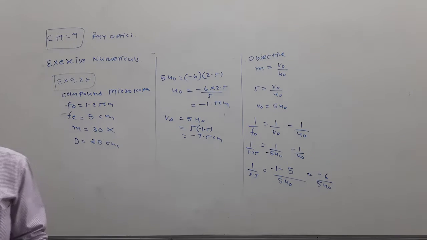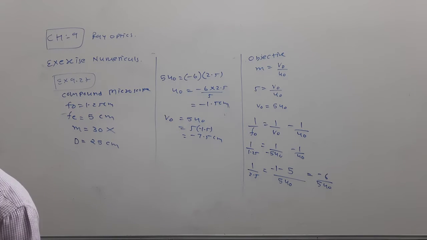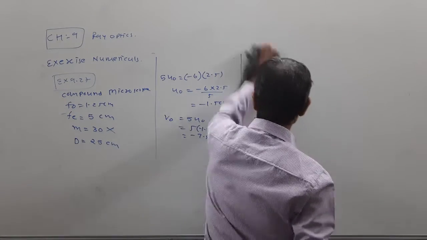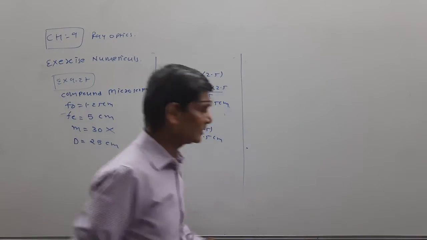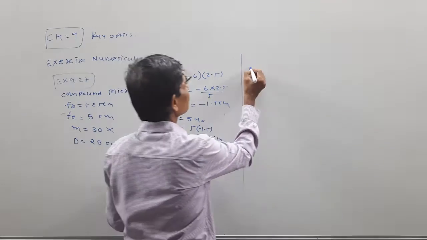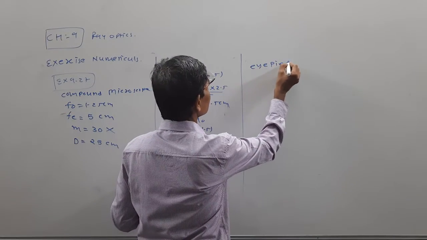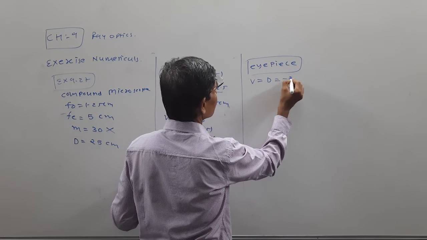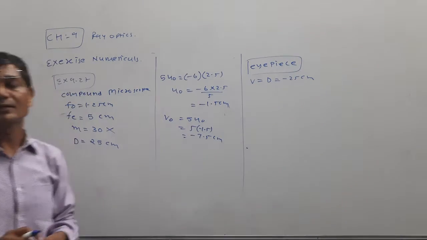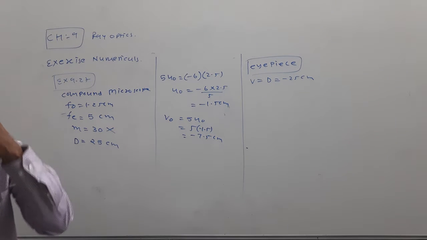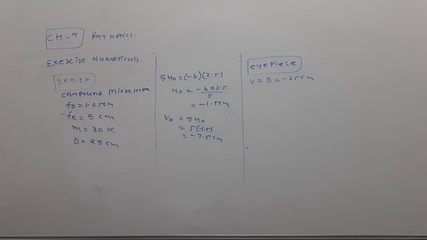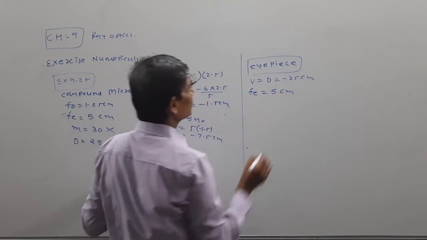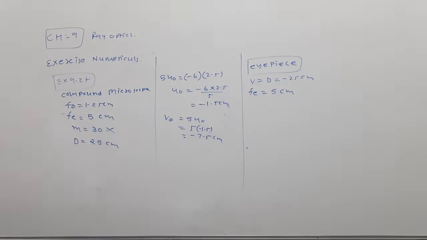Now we have to solve for the eyepiece. The eyepiece image is formed at the near point, so our image distance will be 25. Focal length is given as 5 centimeter. So we can calculate the object distance.